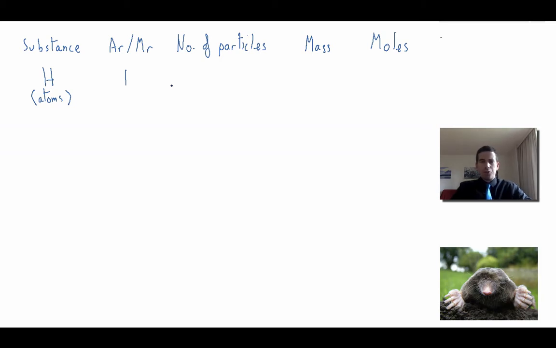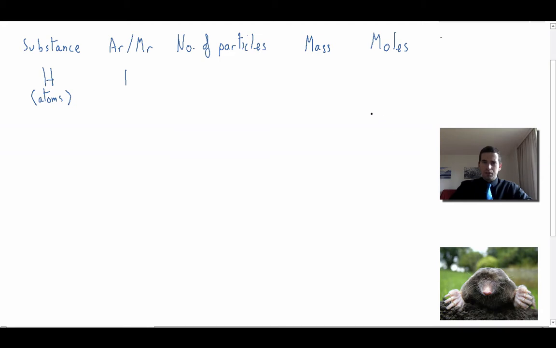Okay, so if we need to measure out certain amounts of hydrogen for an experiment, the relative atomic mass is not particularly of any use. We need it in actual physical amounts that we can measure for our experiment. Now, as you know, the common unit of mass is grams.